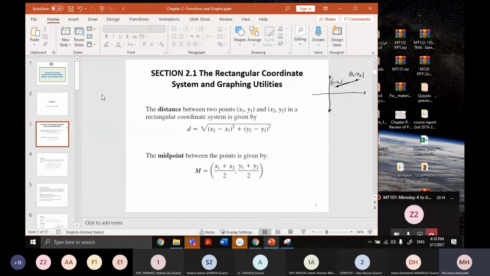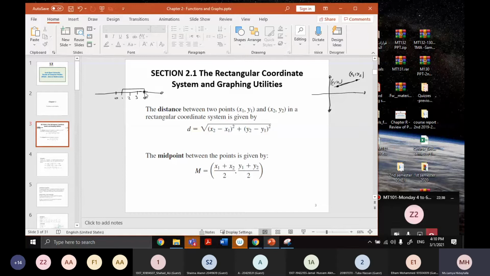Okay, on the real line, if we have, for example, this is 0, this is 1, this is 2, and 3, and 4, etc. So for instance, if I need the distance between 1 and 4, what is it?